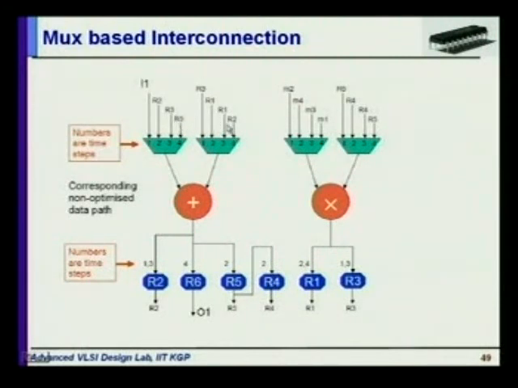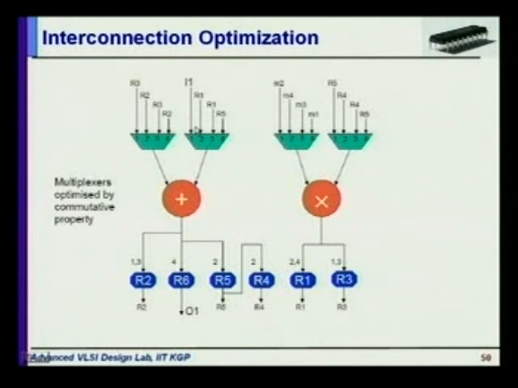you understand that in the first time step here L1 is the input and here R3, and it's an addition operation, so you can commute that operation. Like A equal to B plus C, you can do C plus B also. So you can just swap the inputs to the left and right input. So if you do this with R3 and R1, and also with R5 and R2, what will be the effect?